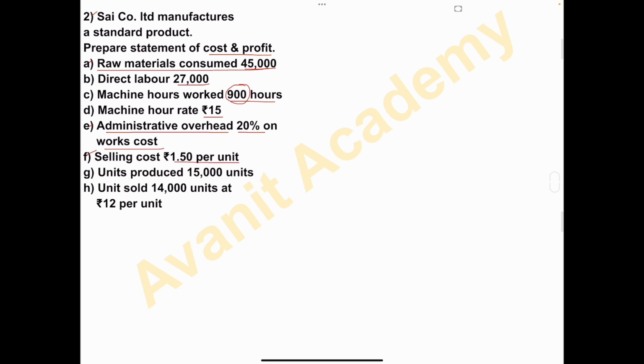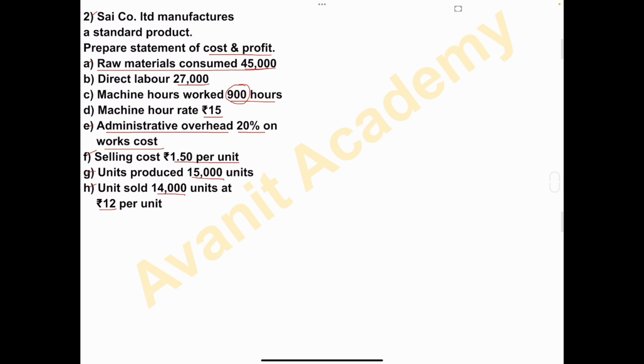That is 1 rupee 50 paise per unit. That is selling and distribution cost. G. Units produced is 15,000 units. And the last point is units sold 14,000 units at rupees 12 per unit.